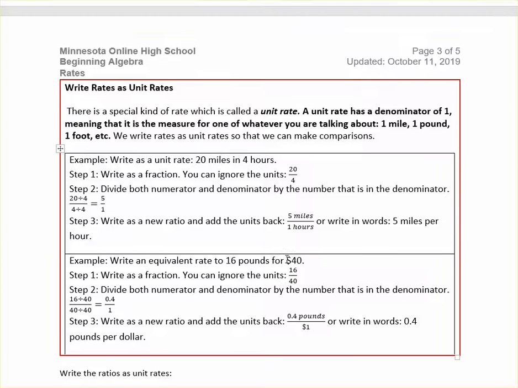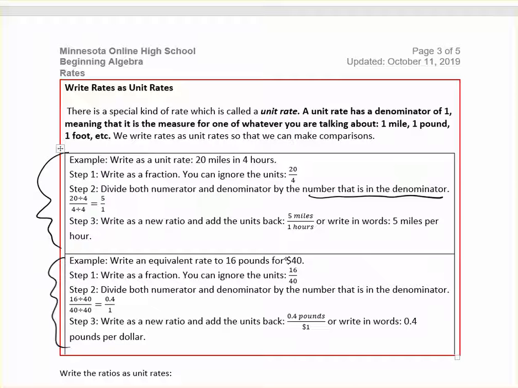So here's the same problem we just did. Same exact problem. If you divide both the numerator and the denominator by the bottom number, by the number that is in the denominator every time for a unit rate, that will give you the unit rate. Now, sometimes, like in this example here, you get a decimal number.